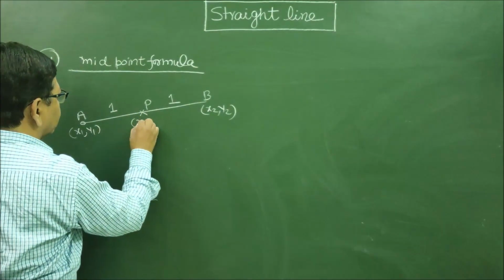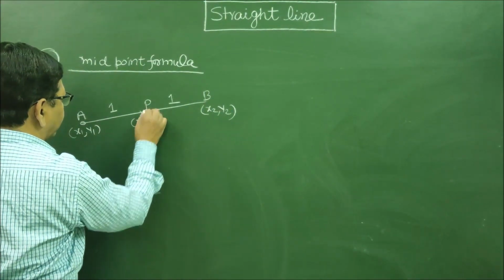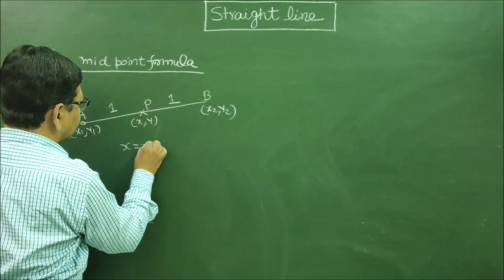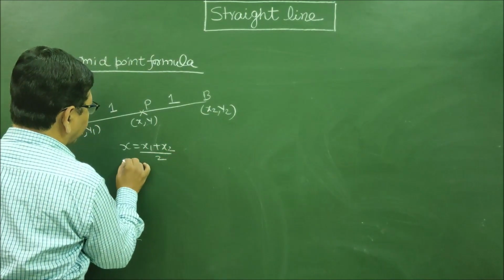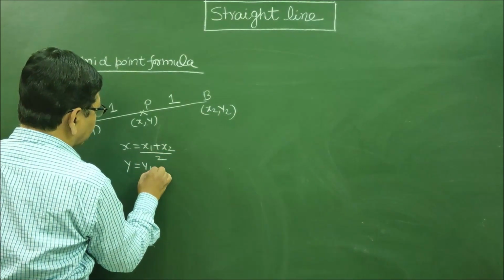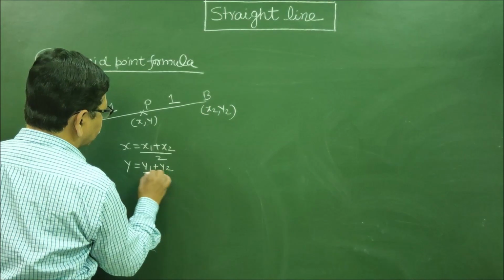Then x coordinate is equal to (x1 plus x2) upon 2, y coordinate is equal to (y1 plus y2) upon 2.